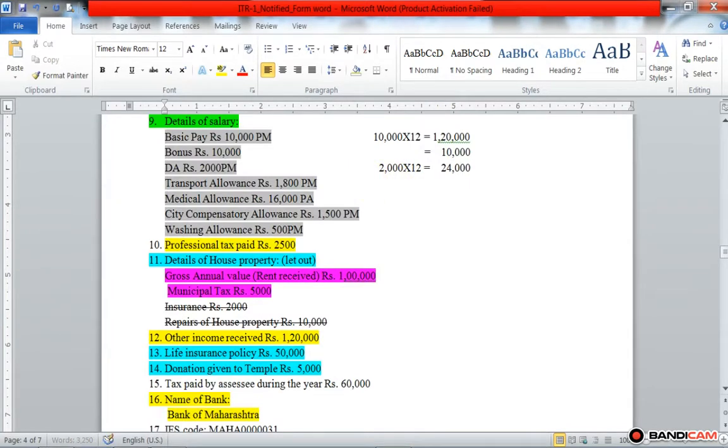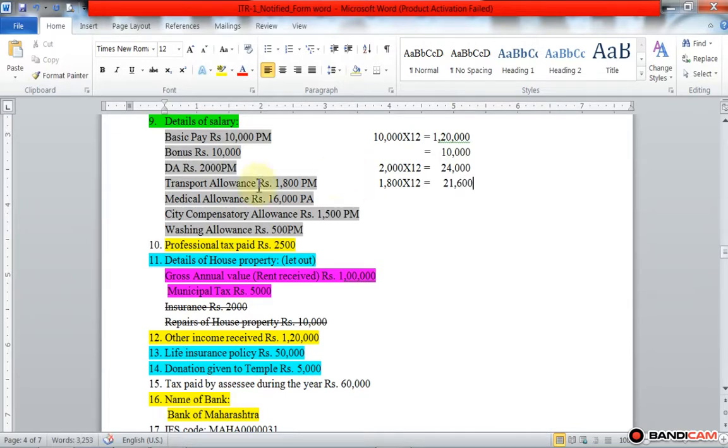Then next one is transport allowance 1,800, so transport allowance is fully taxable and it is included in the salary. 1,800 multiplied by 12 is equal to 21,600.